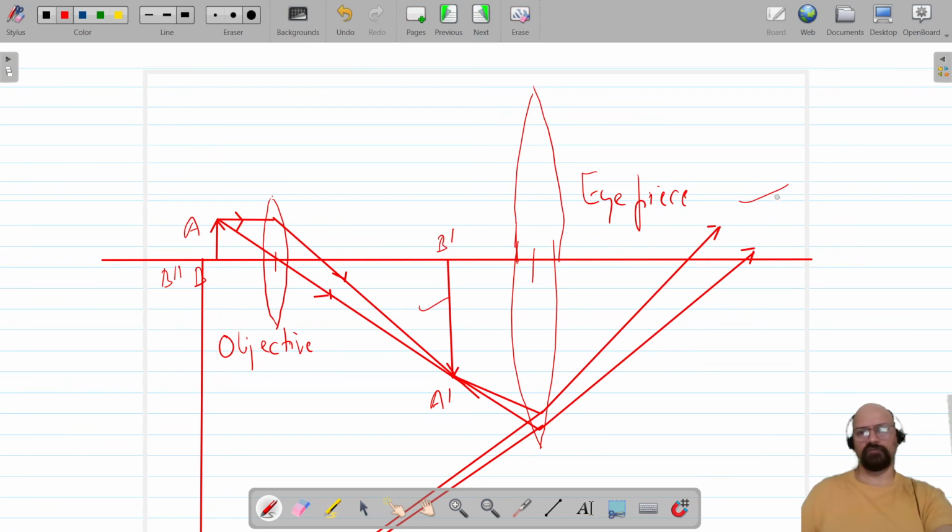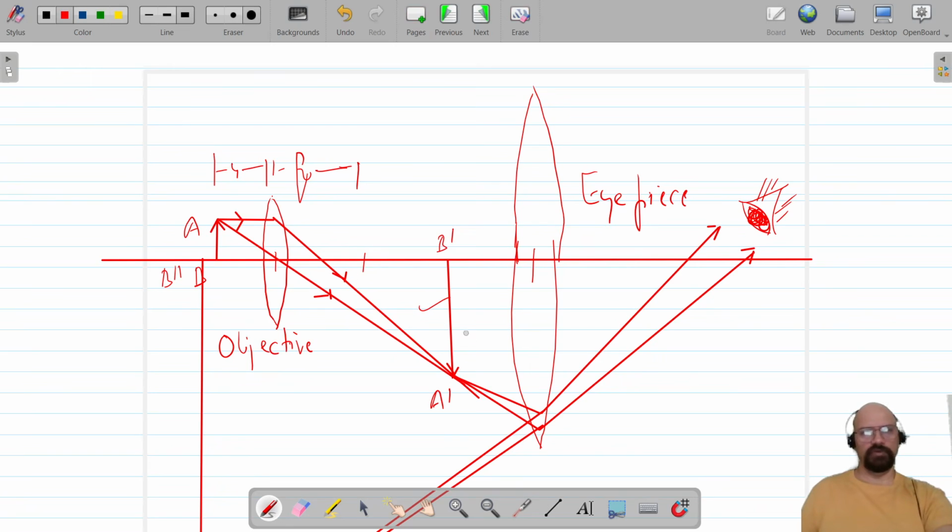And we are able to view the object from here. And this is the object distance. Let this be the focal length of the objective.